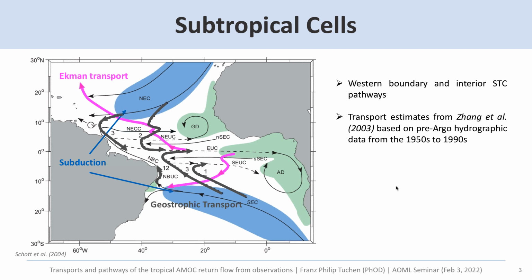And because these data were from before the Argo program started, a big part of my PhD work was actually to revisit these STCs from an observational perspective, now including the Argo data since the early 2000s. And just before, I don't want to forget the last part of the cells, which is the upwelling that you can see here in the eastern boundary upwelling systems, but also along the equatorial undercurrent or the equatorial band in general.